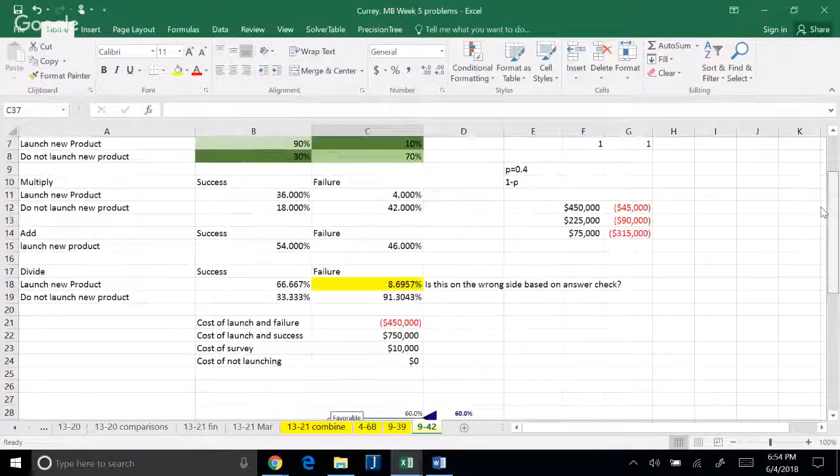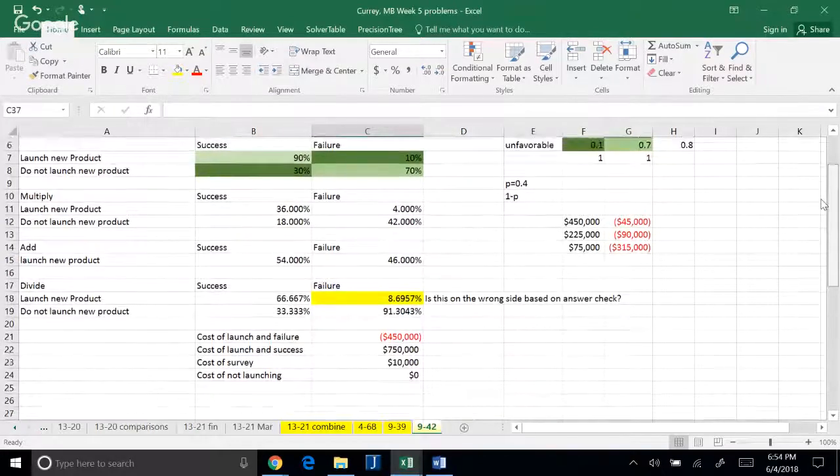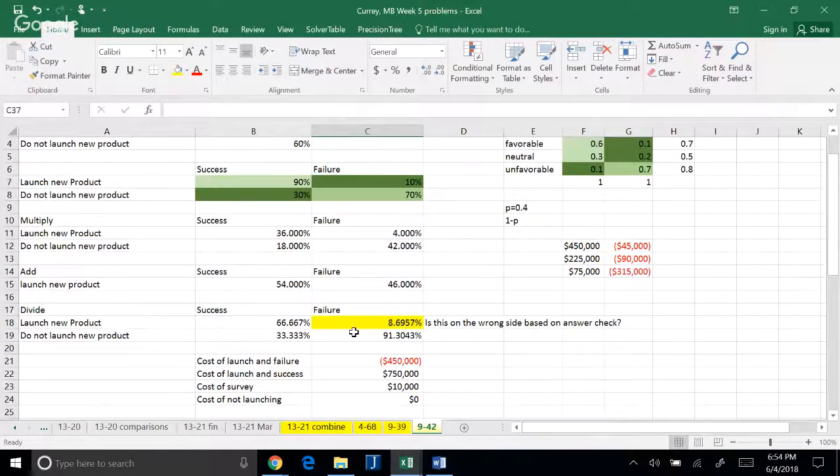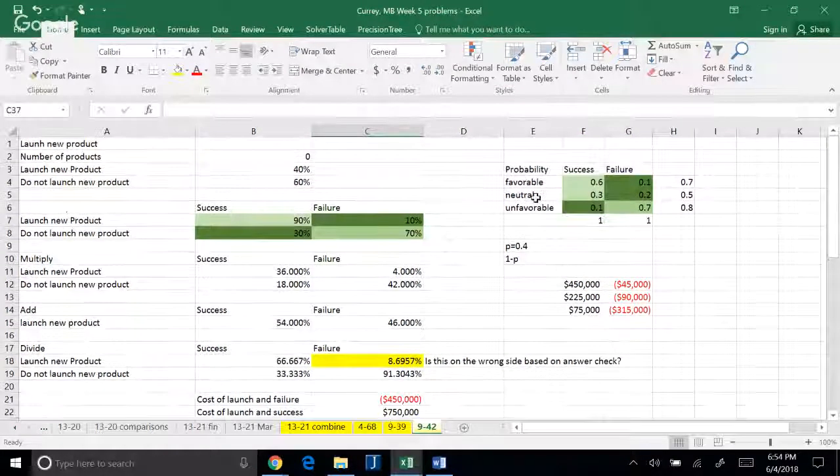All right, let me check your Bayes as well. Okay, so an issue with your Bayes is you actually have three different potential predictions instead of just one.